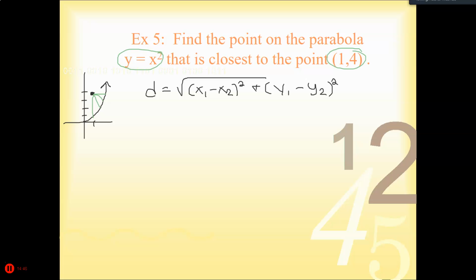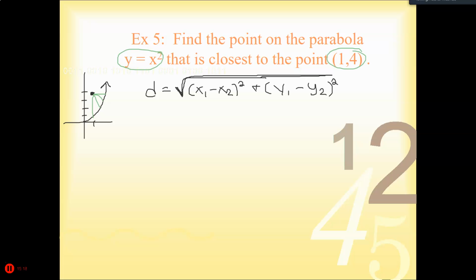Pythagorean theorem. The distance formula is really just a modification of Pythagorean theorem. So it's kind of like your a squared plus b squared equals c squared. So d is kind of like the square root. So this is like your a and your b. So a is the length between those. So we're kind of finding a right triangle in a sense when we're looking at distance.